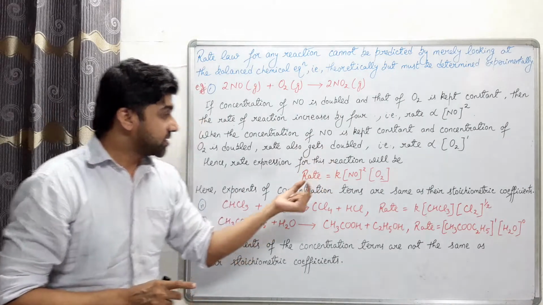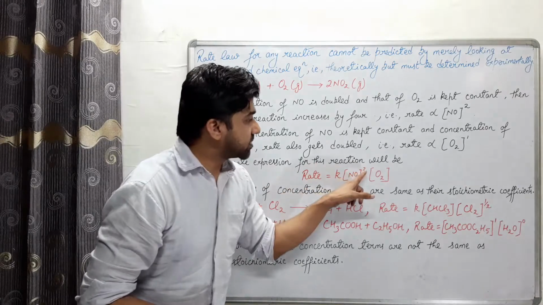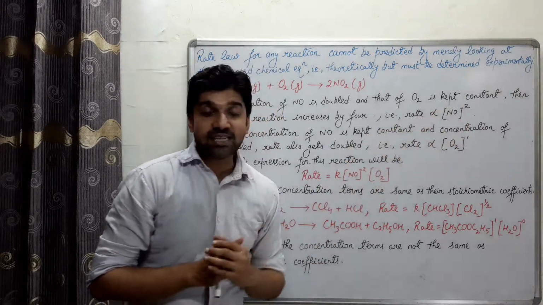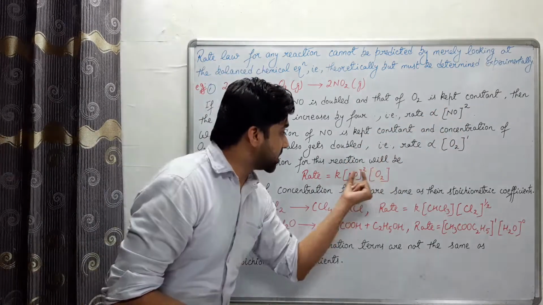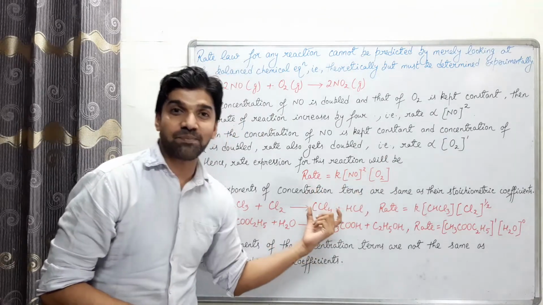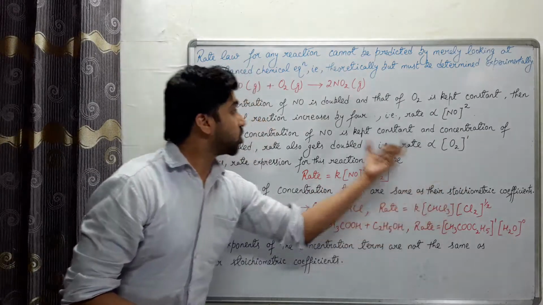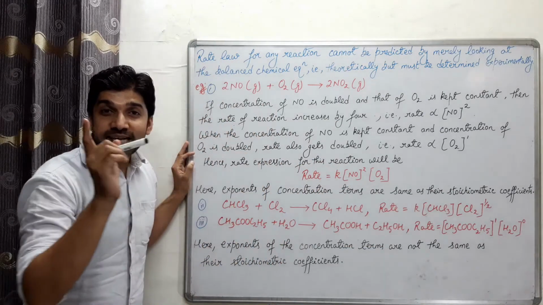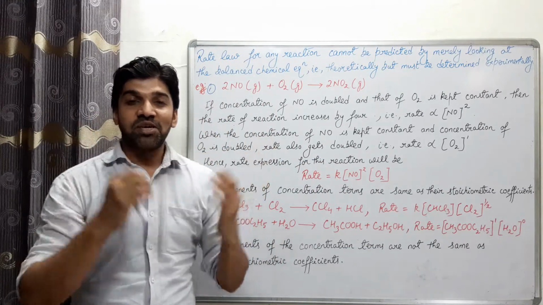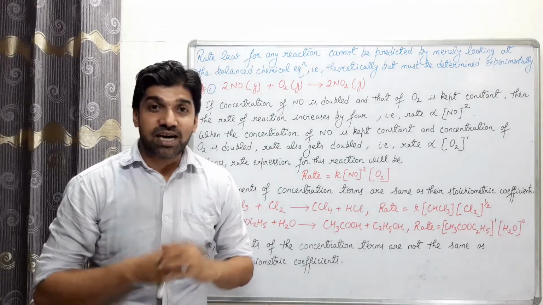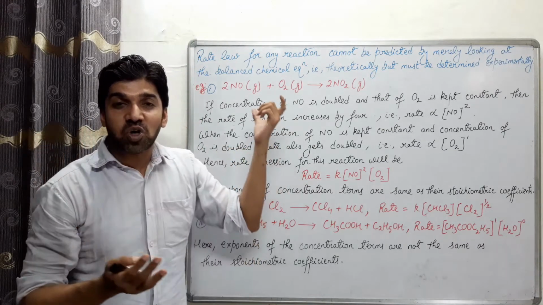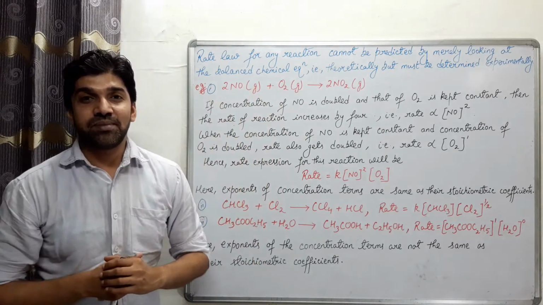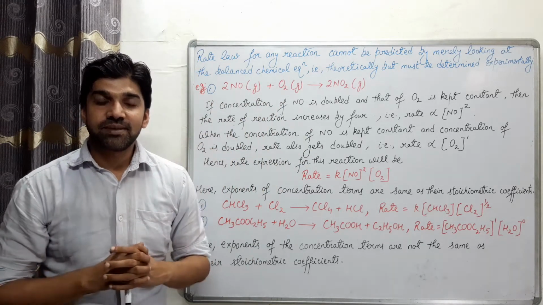In this case, these exponents 2 and 1, the exponents of the concentration terms, are the same as the stoichiometric coefficients. Here, by chance, they came out the same, the x and y that we had, the exponents of the concentration terms are the same as the stoichiometric coefficients a and b. This happens very rarely, okay.